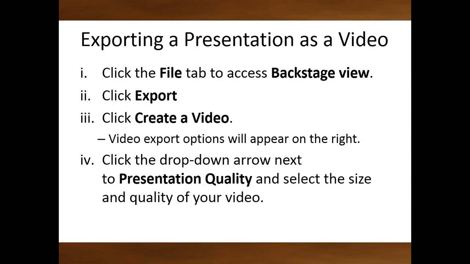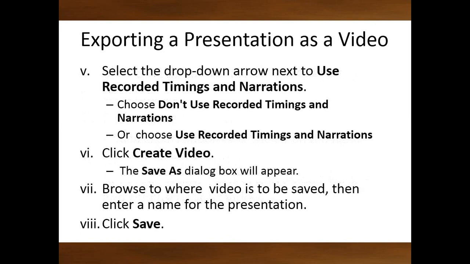Step 4. Click the drop down arrow next to Presentation Quality and select the size and quality of your video that you prefer. Step 5. Select the drop down arrow next to Use Timings and Narrations and choose either of these options.